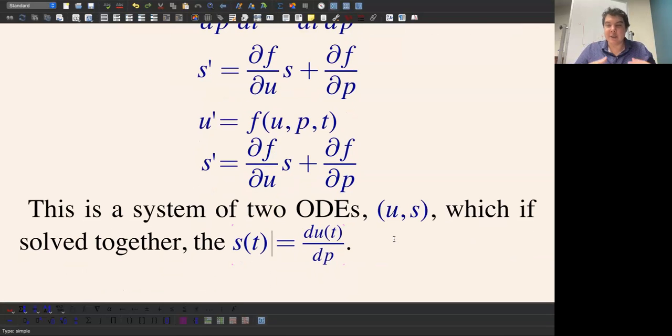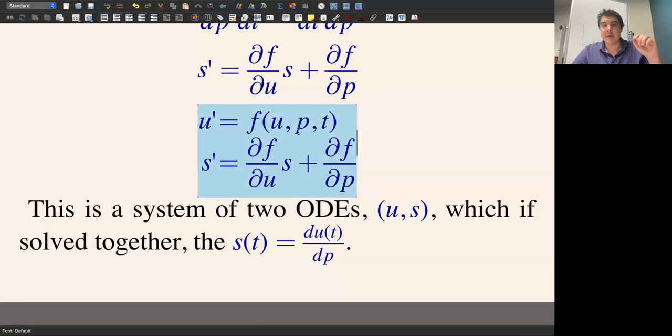Notice that S is an ODE solution, so it's a function of time. Every point in time for S is the derivative of the first ODE with respect to parameters.